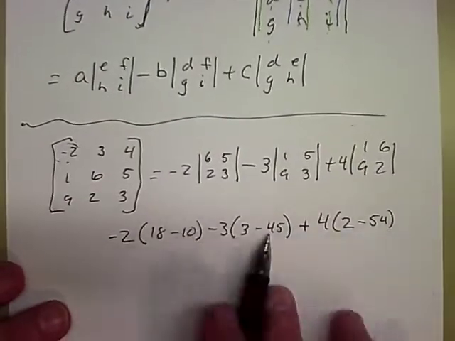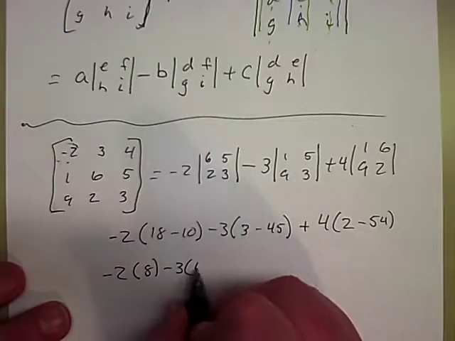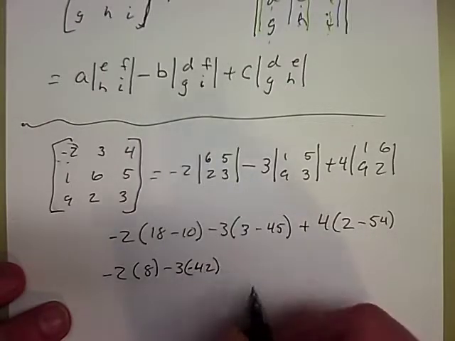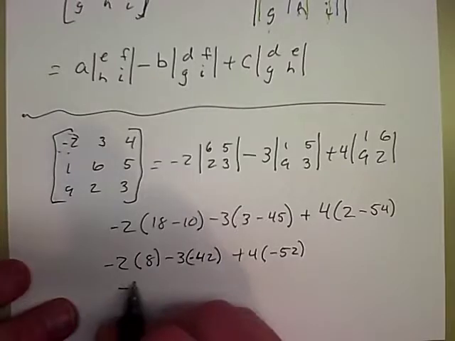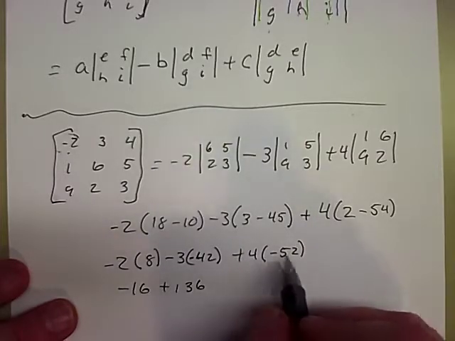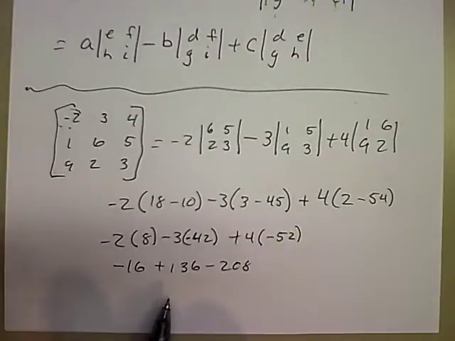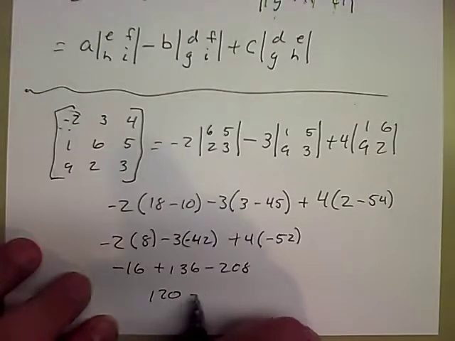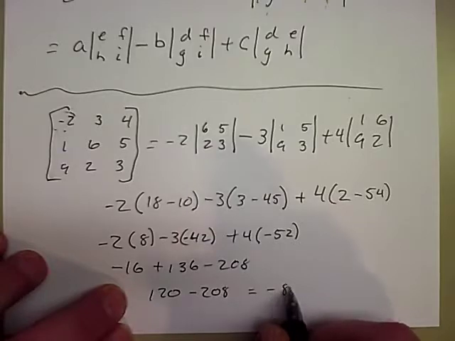And now I take another step, just the inside parts. 120 minus 208 is a negative 88.